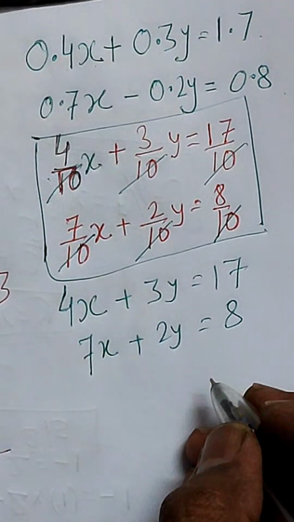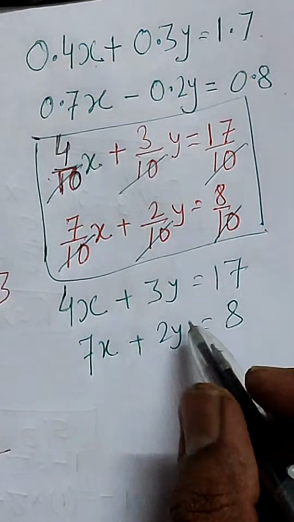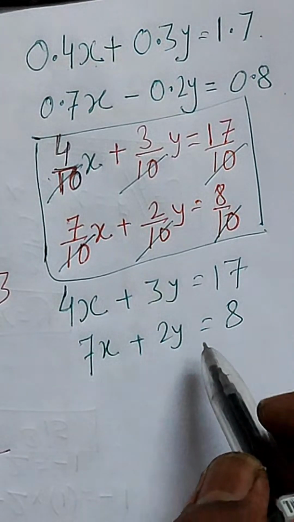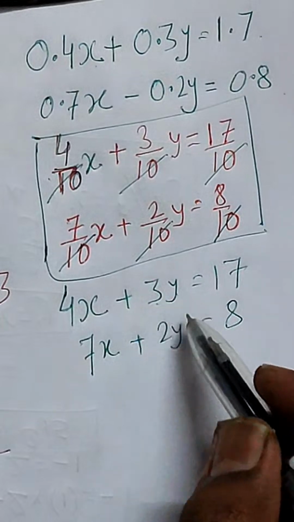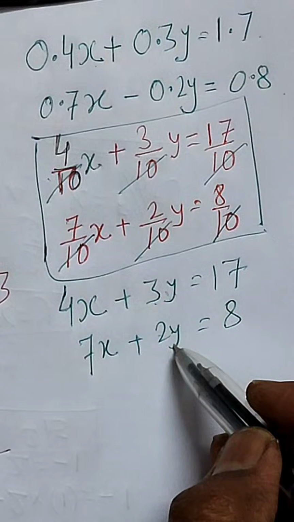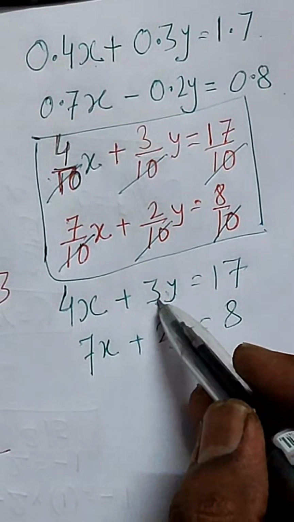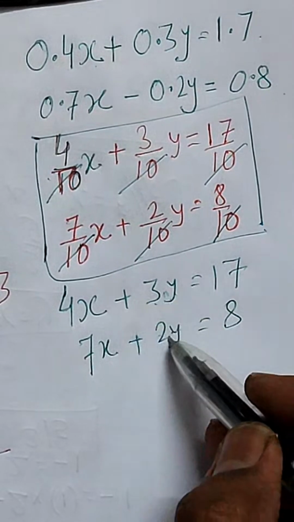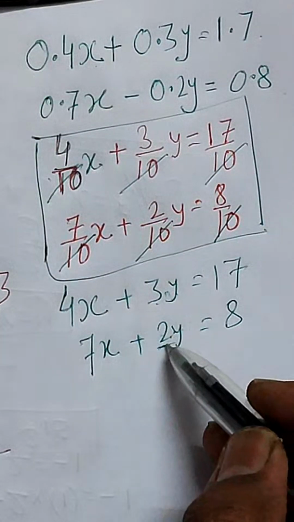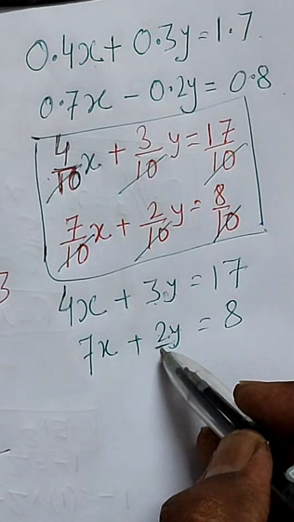Now we eliminate one of the variables using the elimination method. Here we will be eliminating y, by making the coefficient of y common in both the equations. The coefficient of y is 2 in the second equation and 3 in the first.